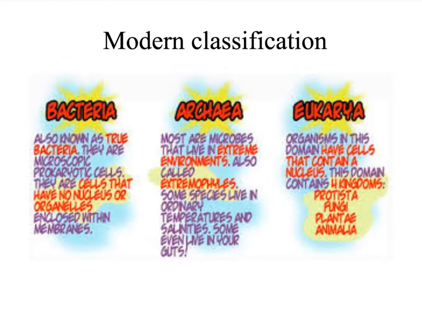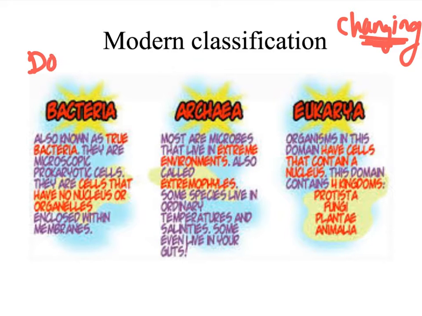But of course, science is always changing, always, always, always. And so now there's this whole new thing before the kingdom, and it's something called a domain. So we are now jumping back down to Roman numeral number 2.